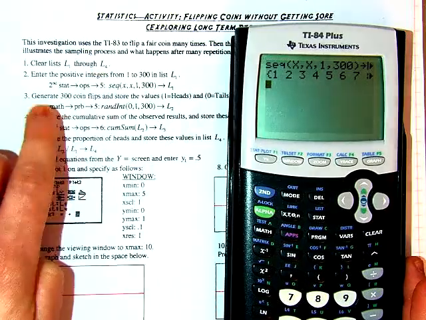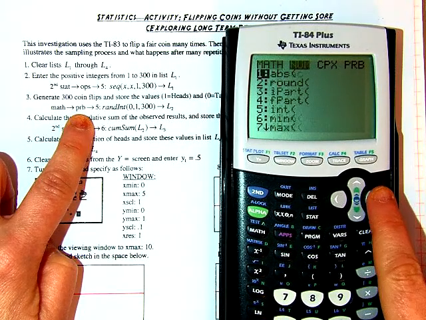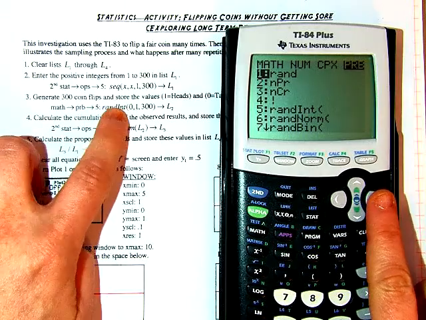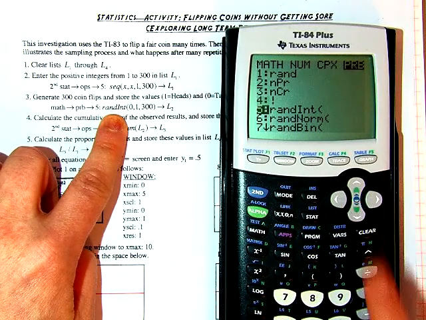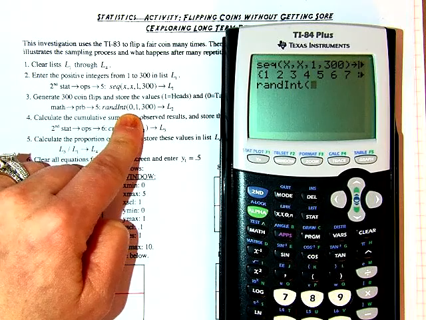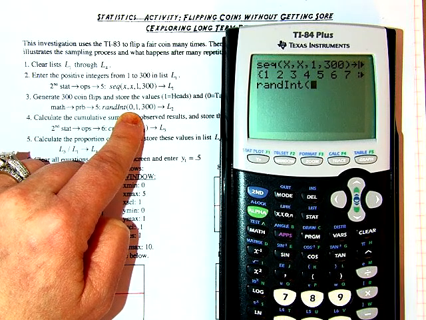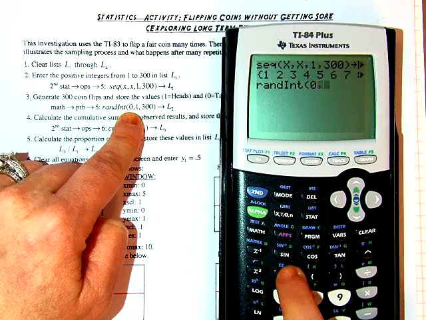Next, we're going to go Math, go over to Probability. It's our fifth choice. I hit Enter, and I want to generate random digits from 0 to 1, 0, 1.